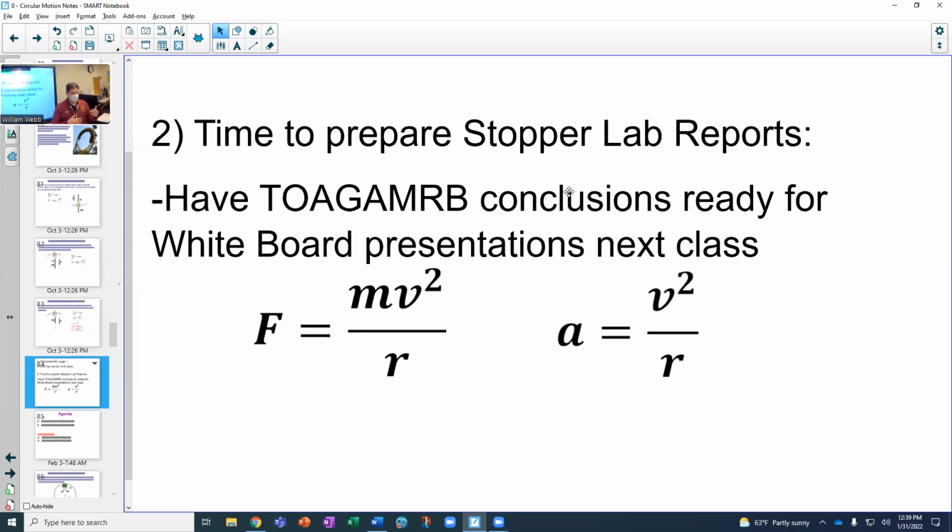If you're thinking about, well, how do I graph these? If I were graphing these and I had force, since this is the equation we're learning right now, I would put force on what axis? If this is my equation, y equals mx, right? I would try to graph it in a way that matches the patterns I have in these equations we've been learning as much as I can. And then you can see if your data actually matches.